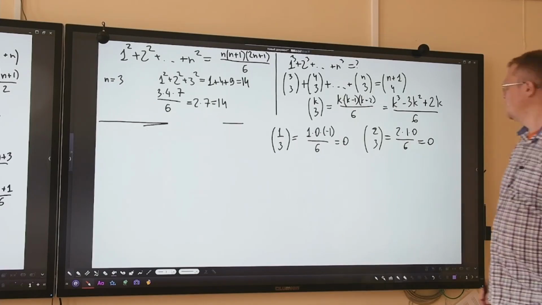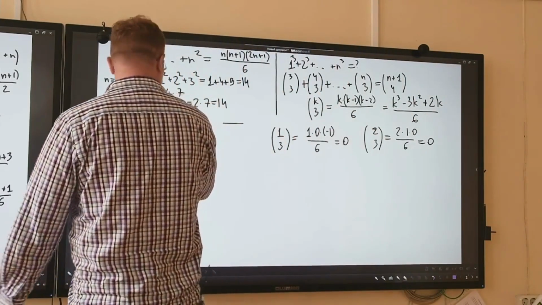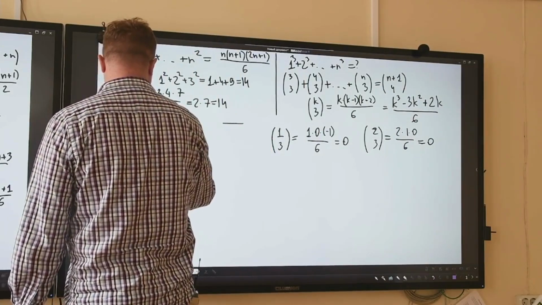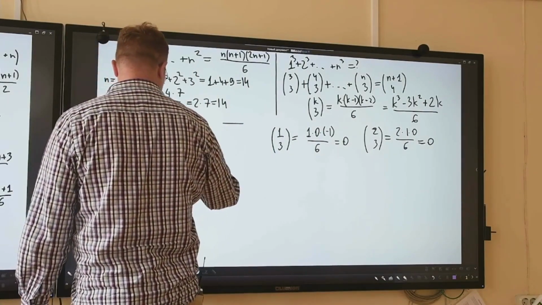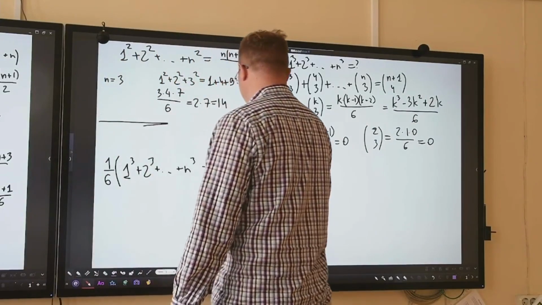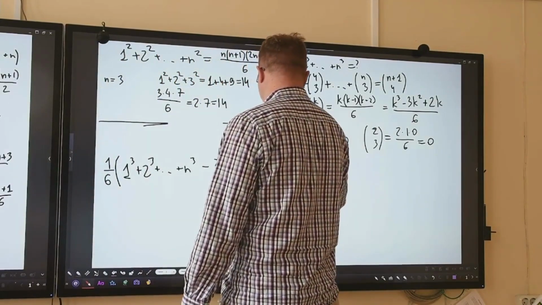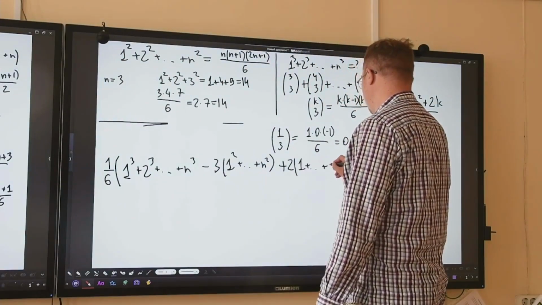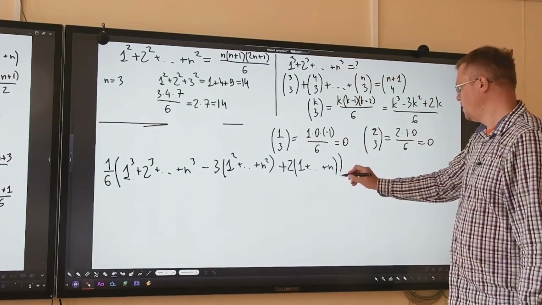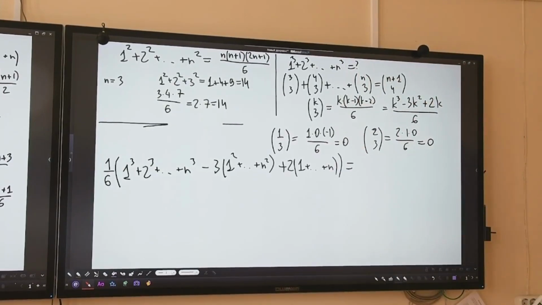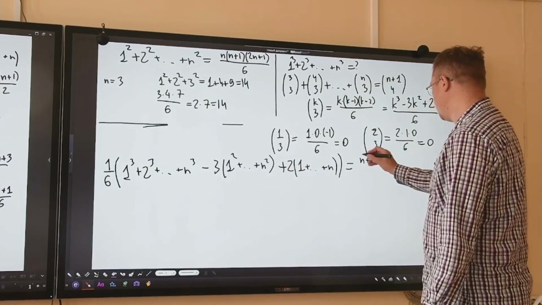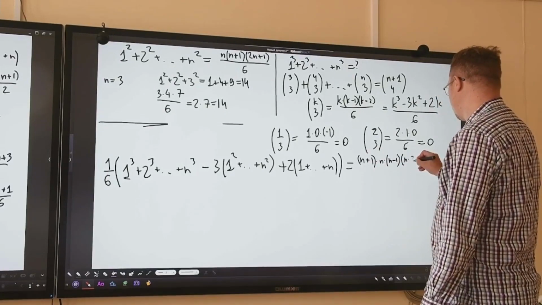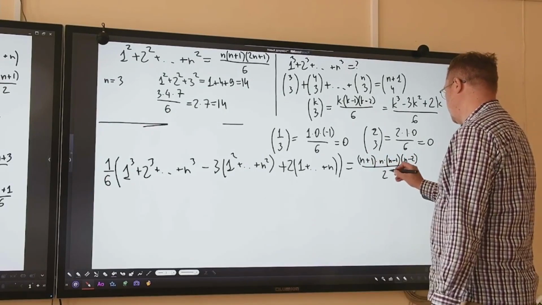So I can write something like the following. 1 over 6, sum of the cubes, minus 3 times the sum of squares, plus 2 times the sum of the first powers, equal to n plus 1 choose 4, which is n plus 1 times n times n minus 1 times n minus 2 over 24.